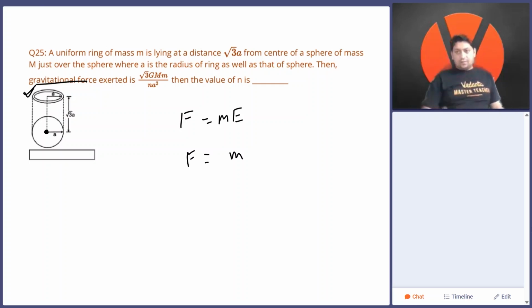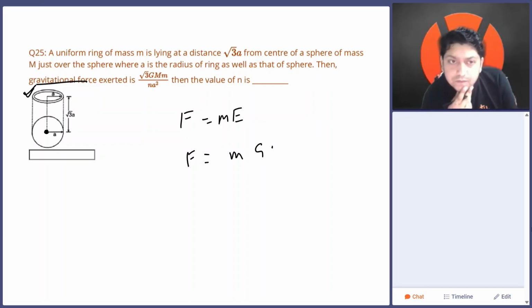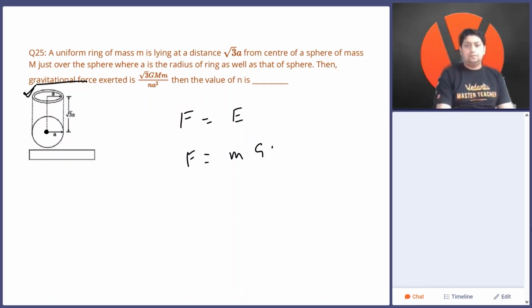And an action-reaction pair appears, so both will have the same force. So the value of field for this ring will come out to be G, masses are same, capital M, this is capital M, this is small m.